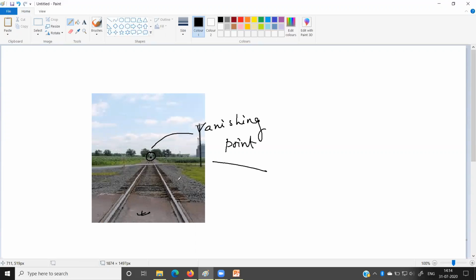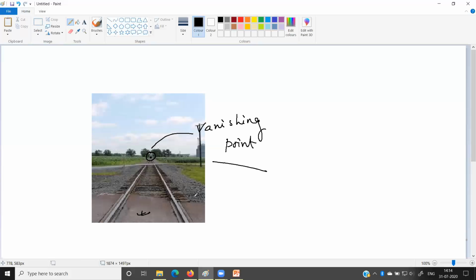Fine. So this vanishing point is not present in case of perspective projection, because in perspective projection, the projectors will always meet each other in the projection center. But in case of parallel projection, the projectors are parallel to each other and they will never meet, and it is assumed that they will meet at infinity. Fine.